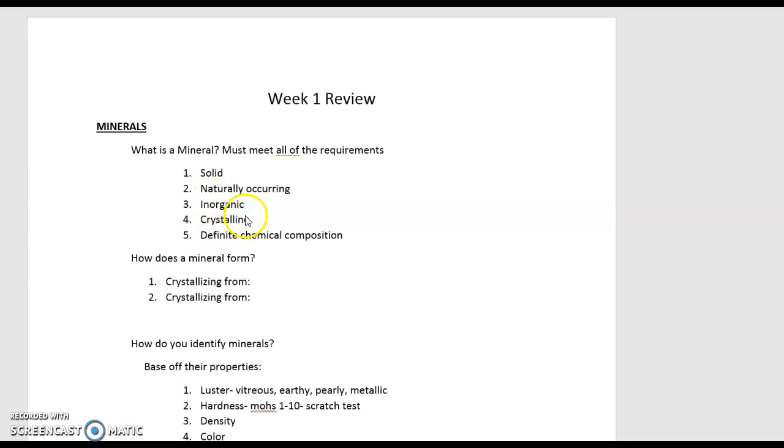It has to have a crystalline structure. So basically that means the atoms themselves have to be arranged neatly in a regular repeating pattern. Now, if you think back to chem, almost all solids have this characteristic.